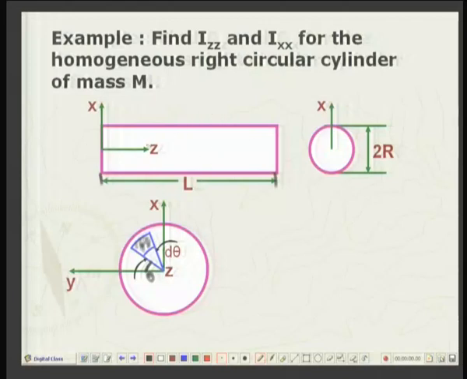If I consider the zy plane, the body is symmetric in the zy plane, in the xy plane, and in the xz plane. So, all the three orthogonal planes are planes of symmetry. It means that the product of inertia terms will also be 0.